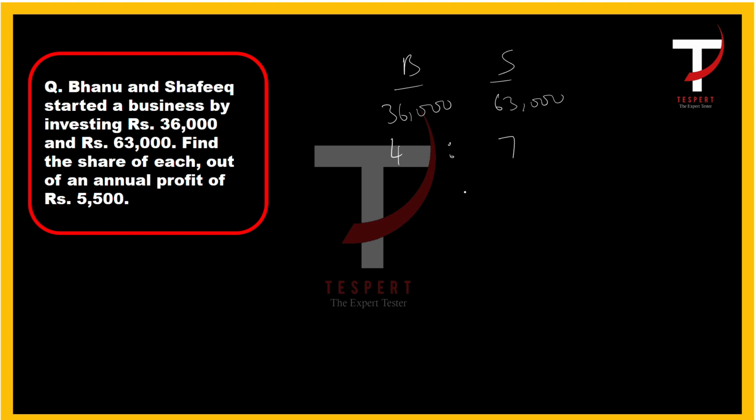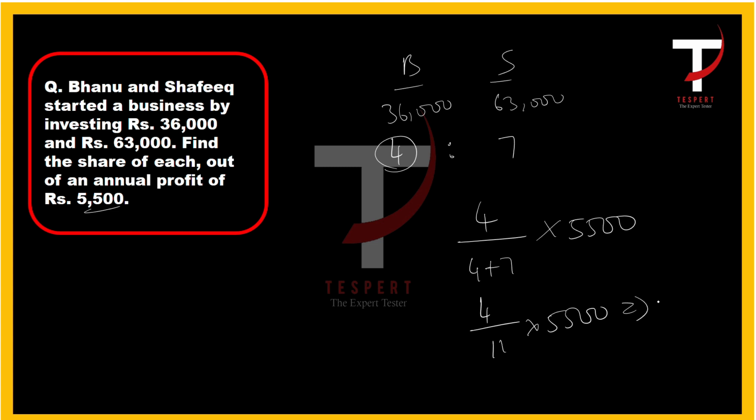So how can we calculate the share of Banu? So 4 by total parts, 4 plus 7, into the annual profit, 5500. So 4 by 11 into 5500 is equal to 2000.